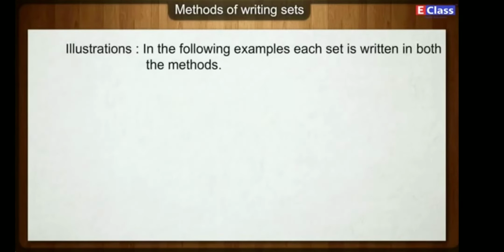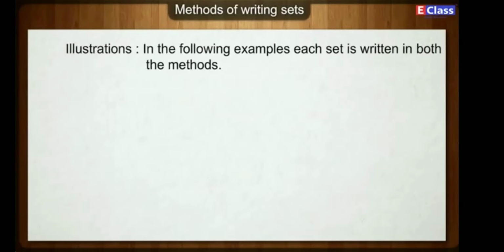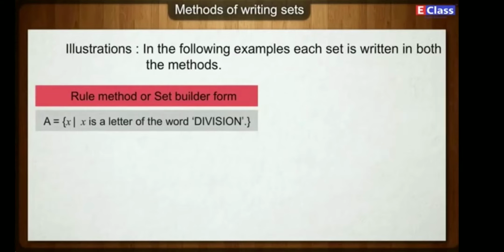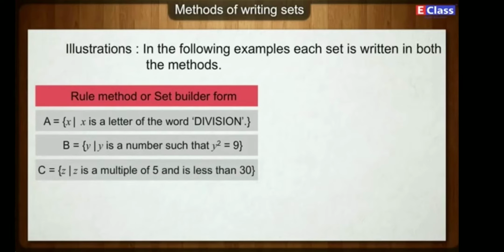Illustrations. In the following examples, each set is written in both the methods: rule method or set builder form. A is a set of x such that x is a letter of the word division. B is a set of y such that y is a number where y square is equal to 9. C is a set of z such that z is a multiple of 5 and is less than 30.